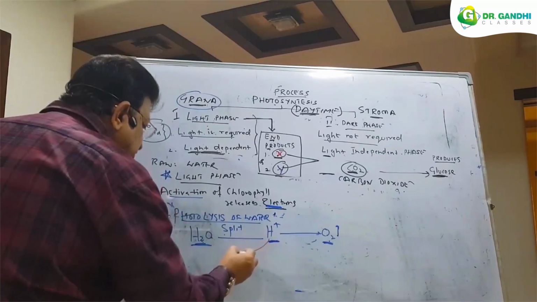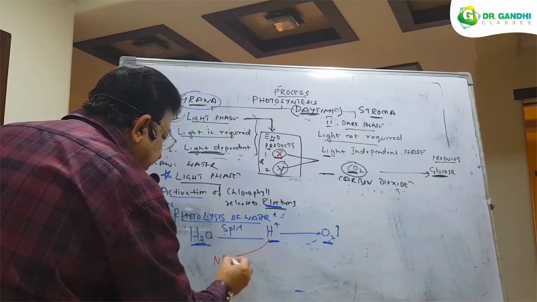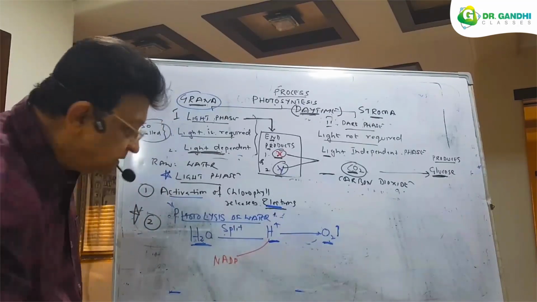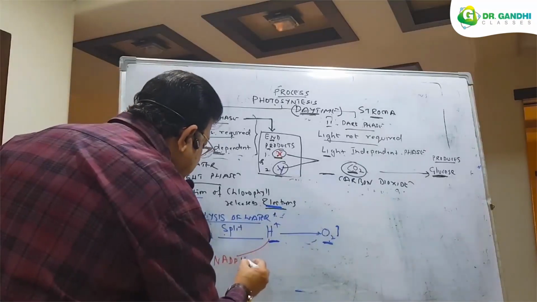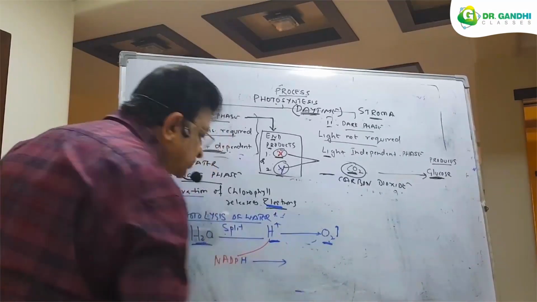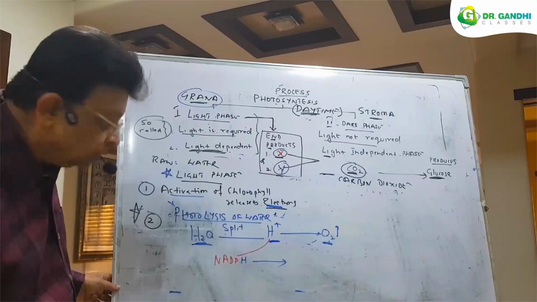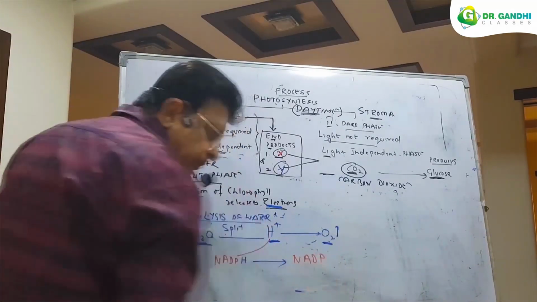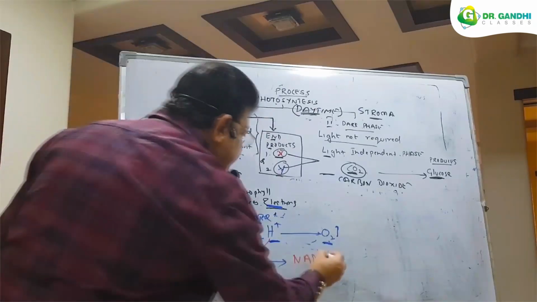Next, the hydrogen ion now attaches to an enzyme known as NADP. So the hydrogen ion gets attached and a compound is formed. The compound is known as NADPH.